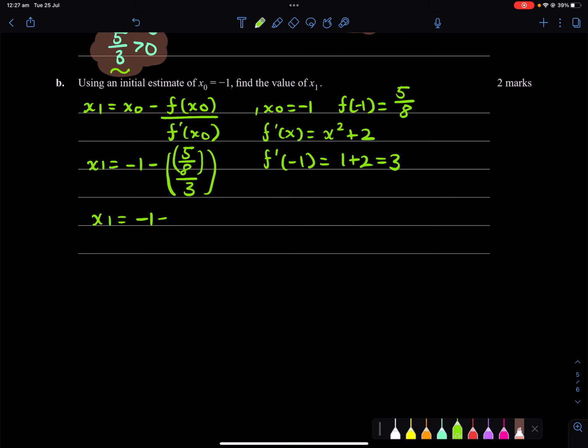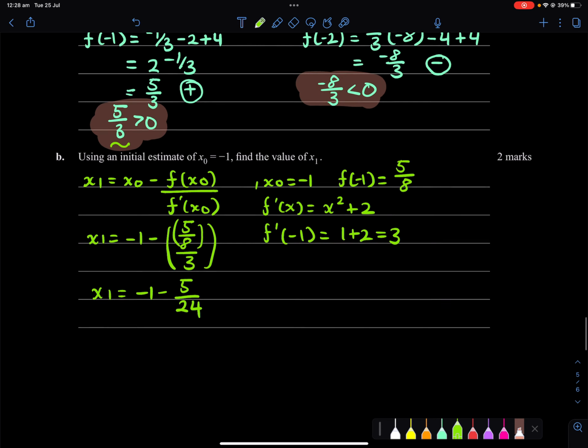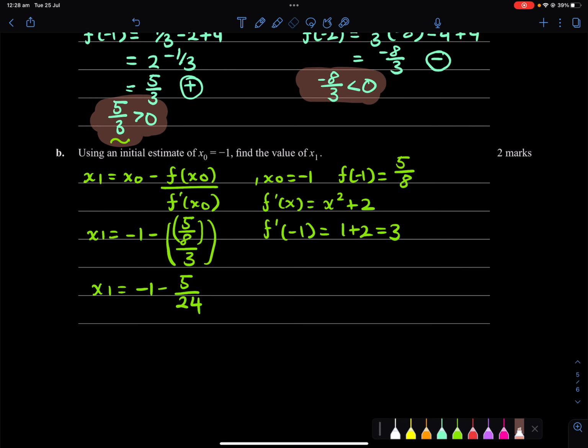I just want to double check the difference, right? So 5/8 divided by 3 would be 5/24, if I'm not mistaken. Wait, have I done anything wrong here? So x0, that'll be 5/8.